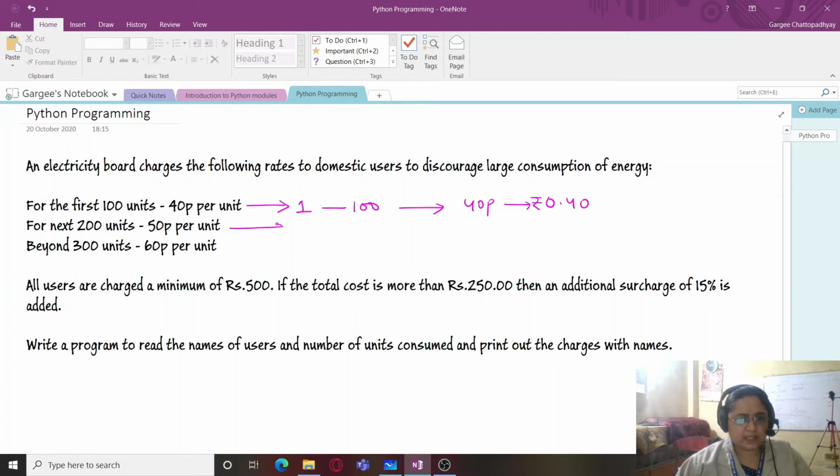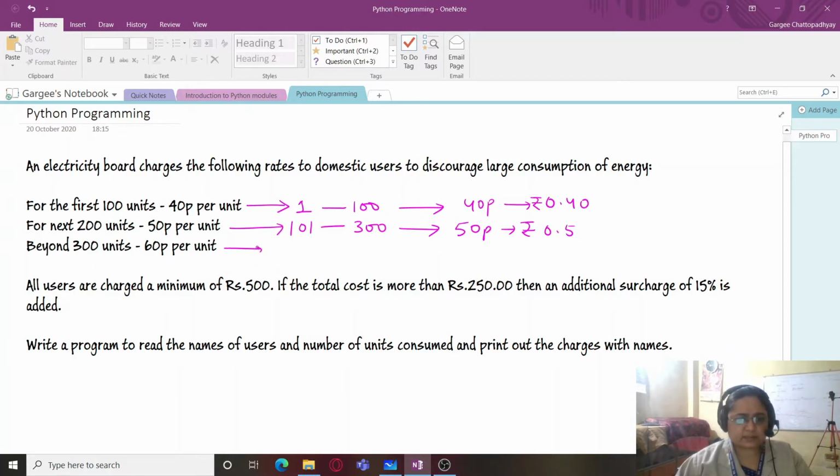For the second one, that is the next 200 units, which means 101 to 300 units. If you deduct 100 units from 300 units, you will get 200 units. So the next 200 units represents 101 to 300 units. You will have to pay 50 paise per unit, which is 0.5 rupees.